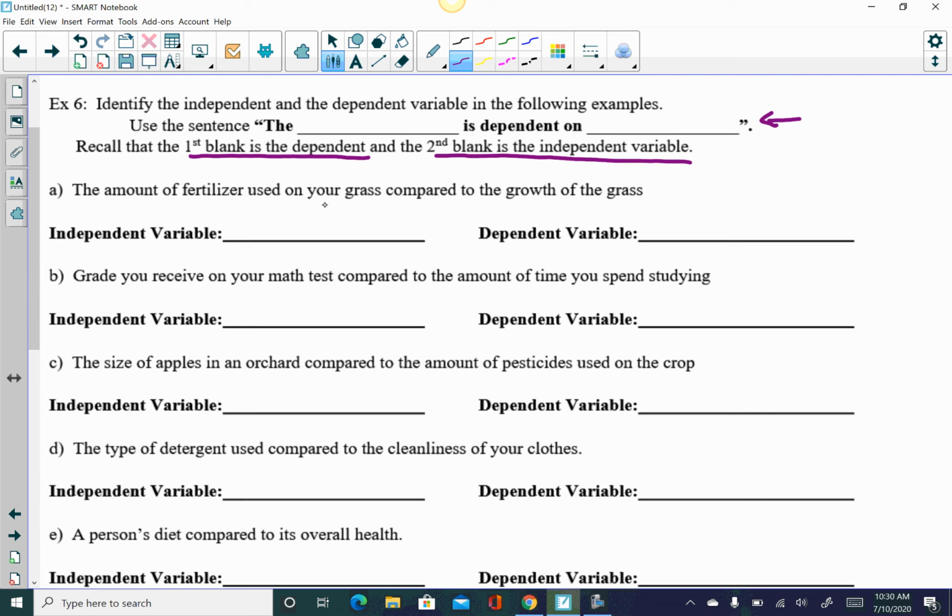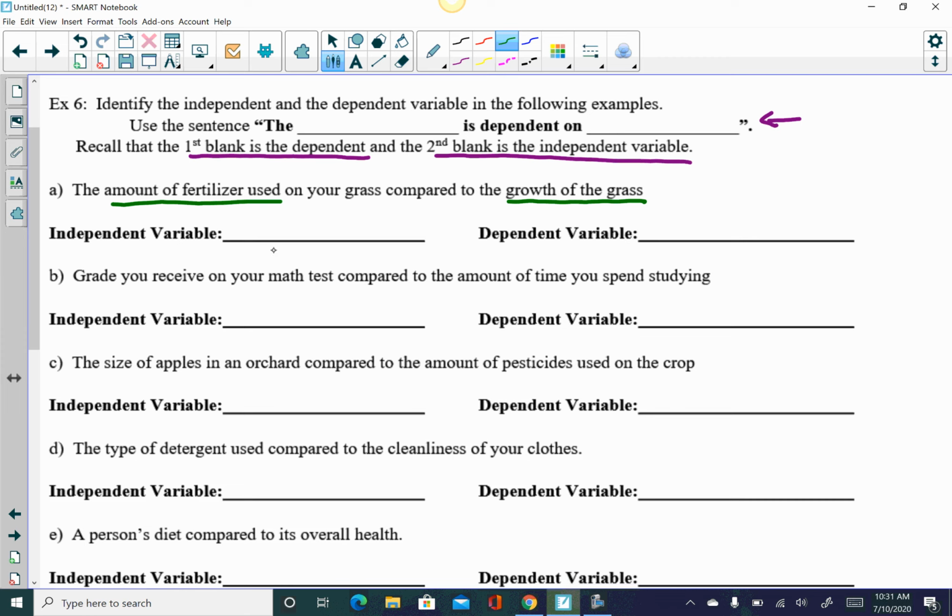The amount of fertilizer used on your grass compared to the growth of the grass. What I always tell folks is to identify what the two variables are here. You've got the amount of fertilizer used, and you're comparing that to the growth of the grass. So if I'm utilizing my sentence up here, what's going to make the most sense? The growth of my grass is dependent on the amount of fertilizer I use, right? Because if I don't use any fertilizer, it may not grow too well.